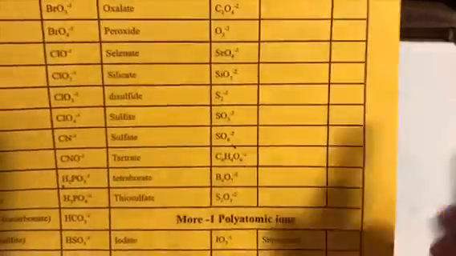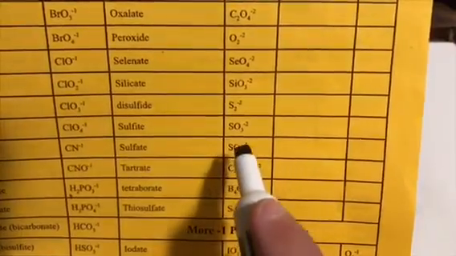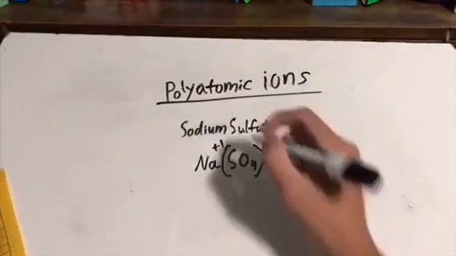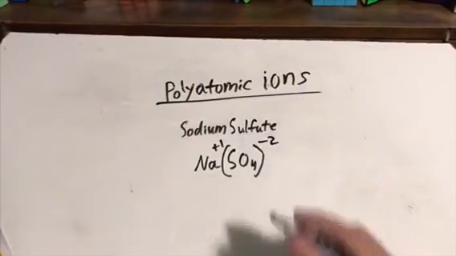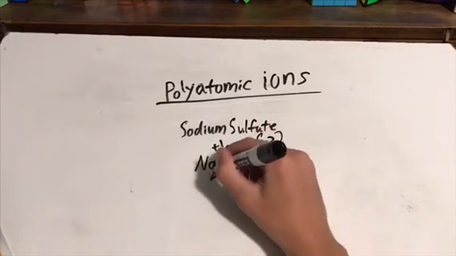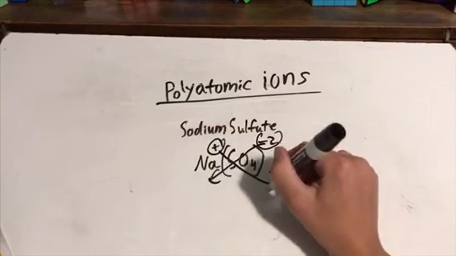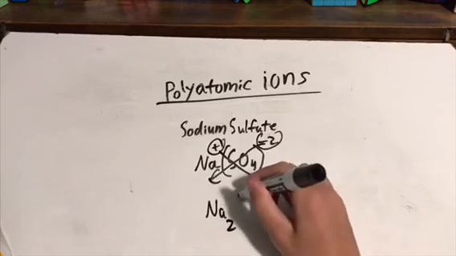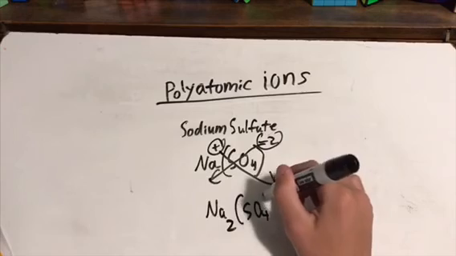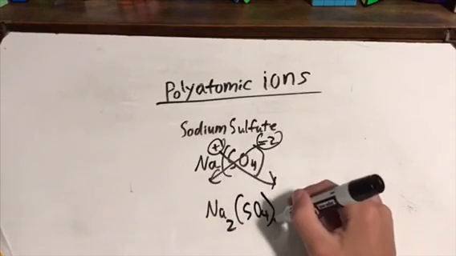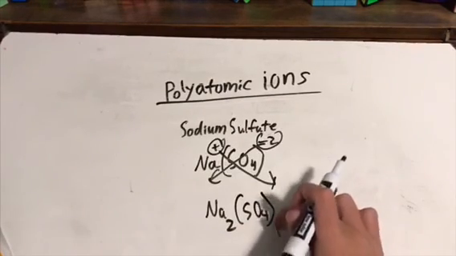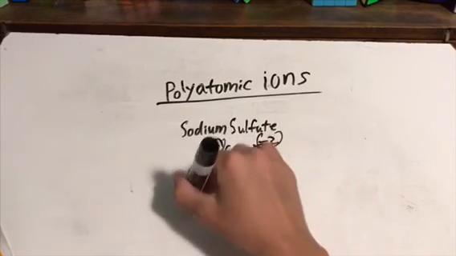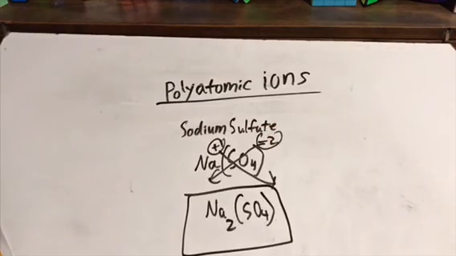See if I can get you a better view. There. Sulfate is SO4, it's -2. Put the -2 there. You do the crisscross method. The 2 goes to the Na. And then the SO4 takes the 1. But because it's just 1, you don't need to write it. So that is the formula for sodium sulfate.